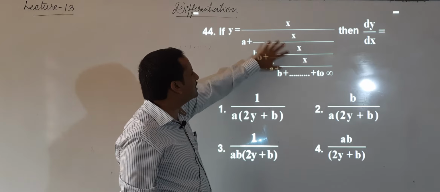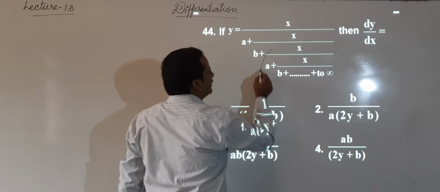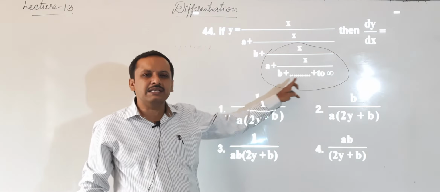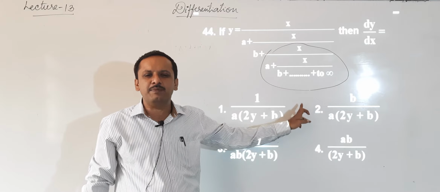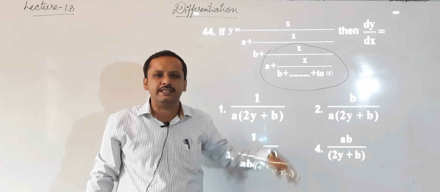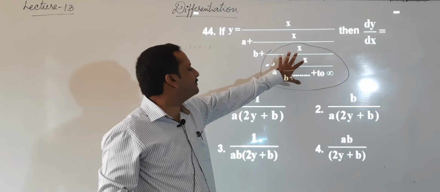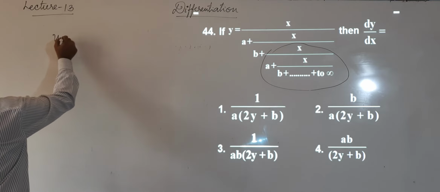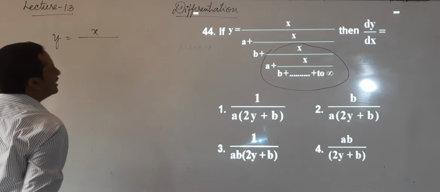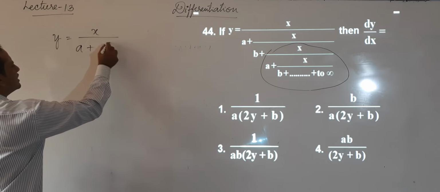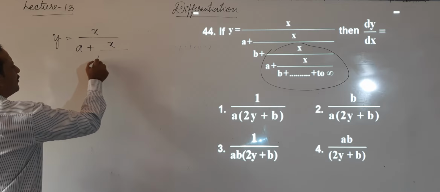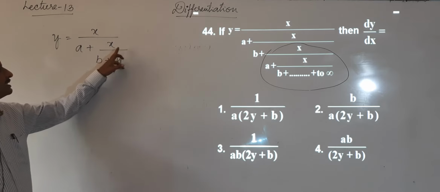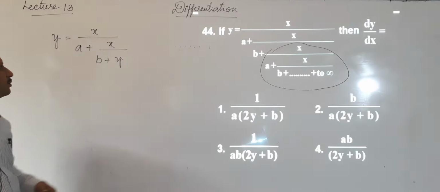So if I remove this, still this much, this expression can be written as y. Observe, x by a plus x by b plus x by a plus x by b plus etc. continues up to infinity. So this much can be written as y. So here you have y is equal to x divided by a plus x divided by b plus y.